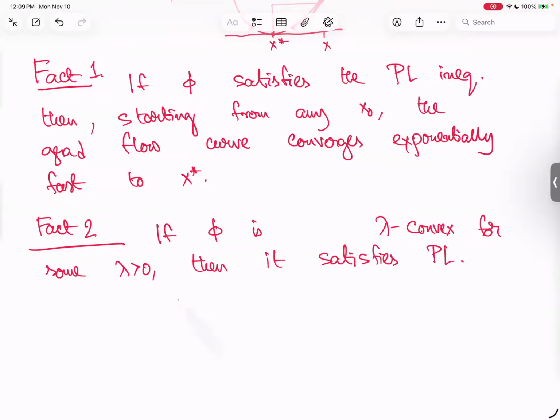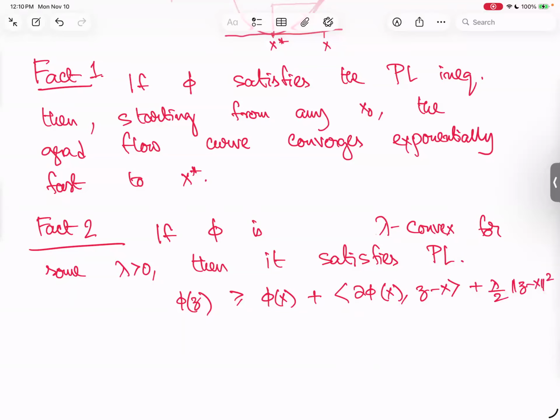Recall that lambda convexity means that phi of z is greater than or equal to phi of x plus the gradient of phi at x applied to z minus x, plus lambda over 2 times the norm square of z minus x.